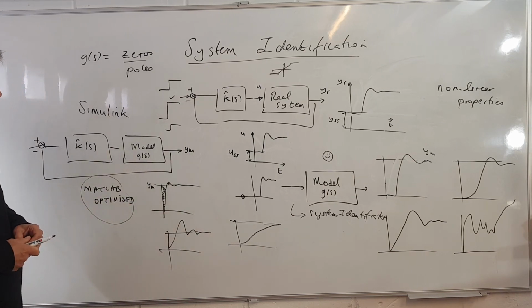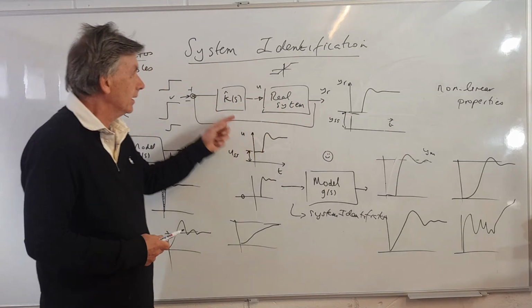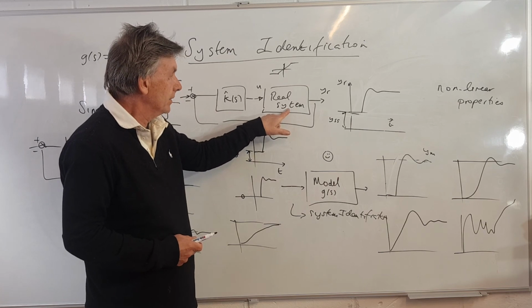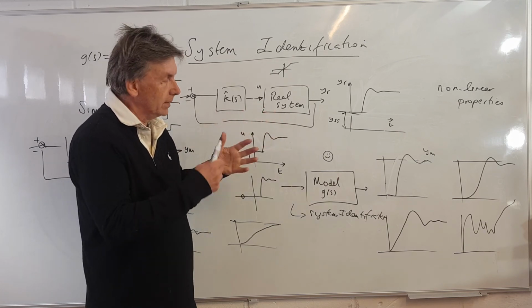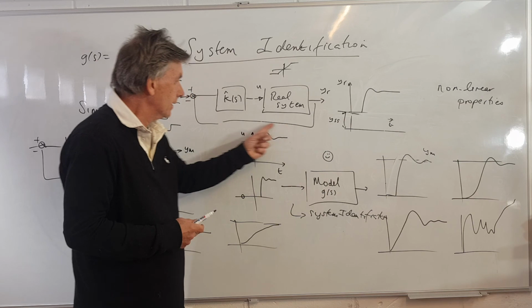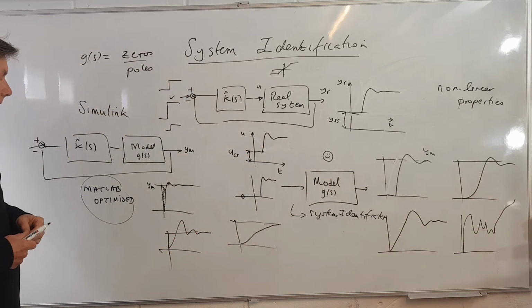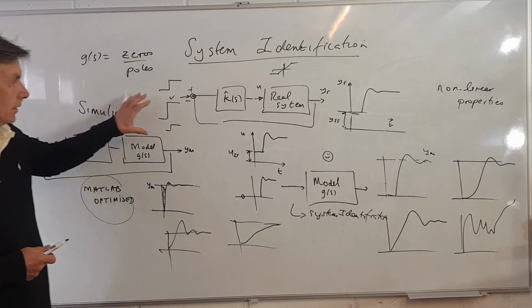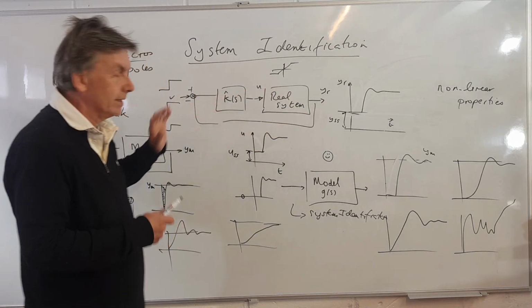So again, it's the same issues to do with modelling. There could be actuator saturations here. The system here might be a little bit non-linear in some of the actuators or some of the different aspects of it, and the sensing value can go wrong as well. And also you have to watch out for the size of the step. So you've got to make sure that you're operating the system within its linear zone.